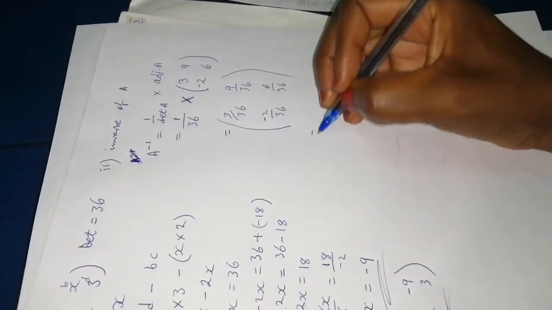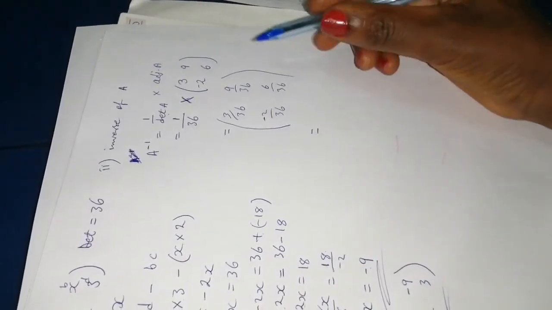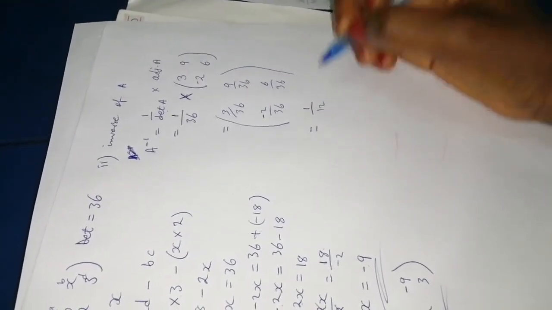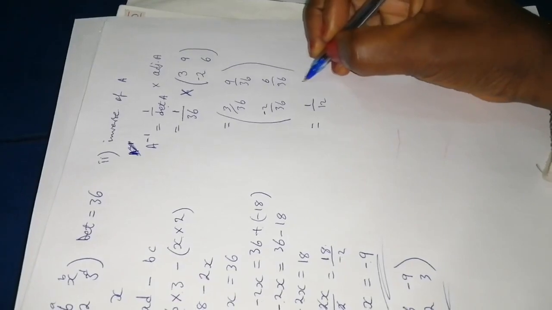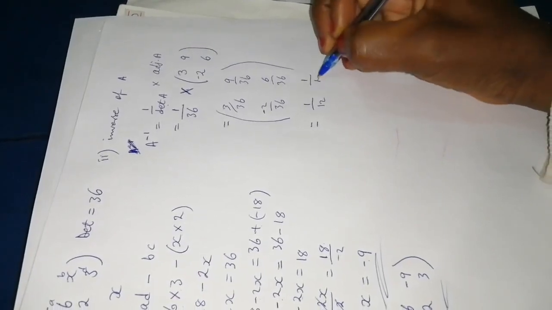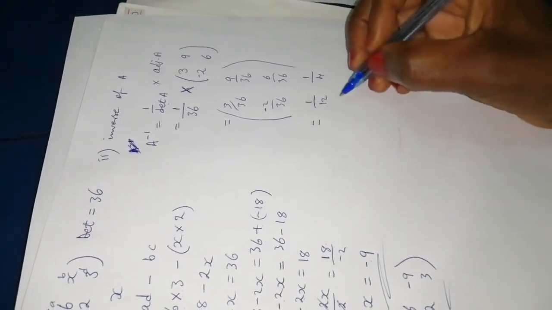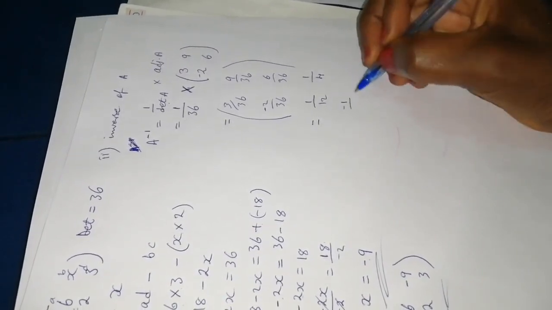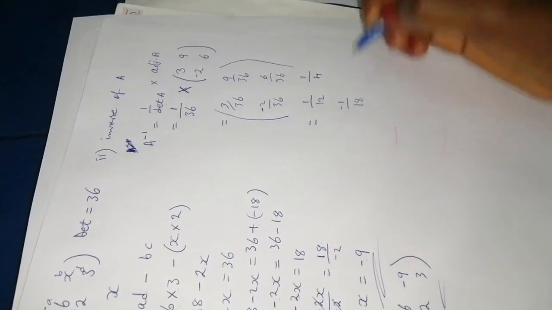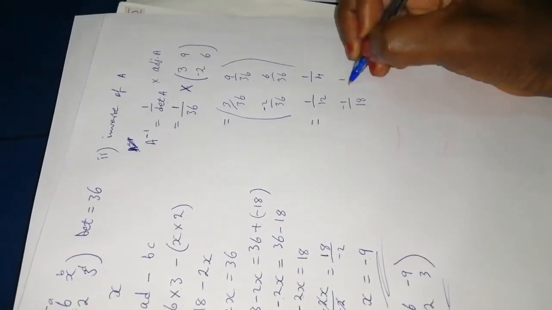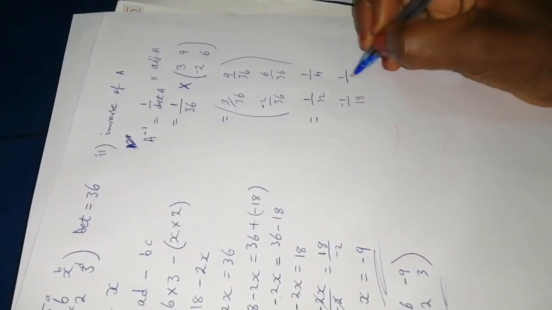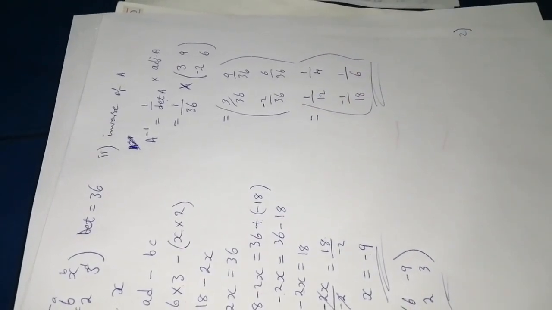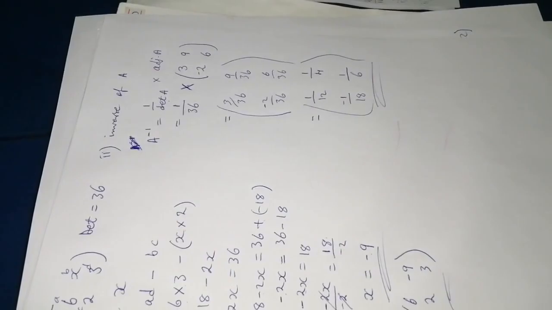These numbers can be reduced or simplified. 3 can go into 3 once, into 36, 12. 9 into 9, 1, into 36, 4. 2 into negative 2, we have negative 1, into 36, we have 18. 6 into 6 is 1, and into 36, it goes there 6 times. So this is the inverse of matrix A.